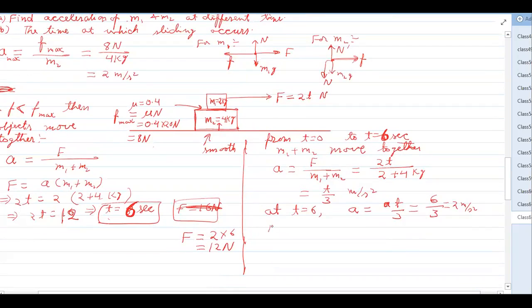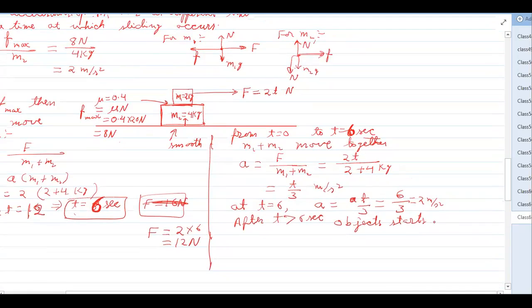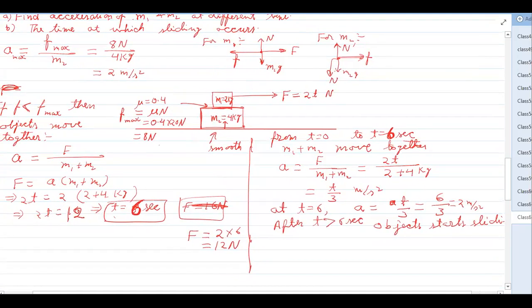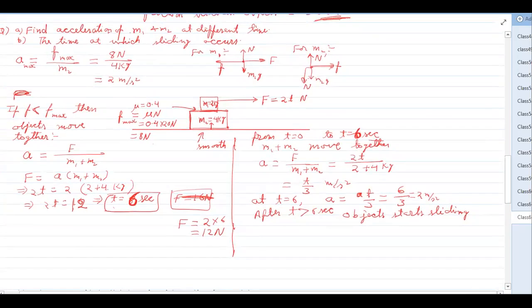And after this moment, after t greater than 6 seconds, what will happen? The objects start sliding. So if they start sliding, the acceleration will be different, and maximum friction will act.